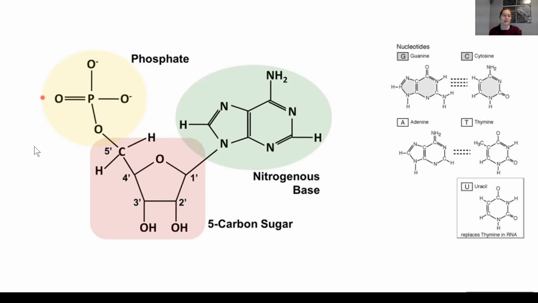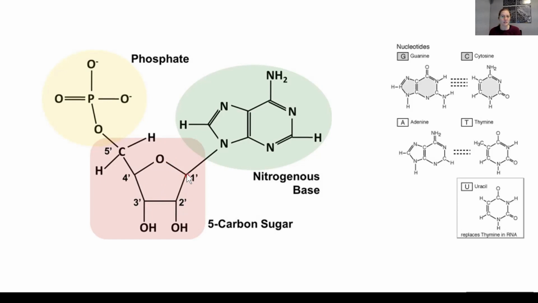Here, looking back at our large nucleotide on the left, I want to talk about the carbons in our 5-carbon sugar. So at the top of our pentose 5-carbon sugar, we have an oxygen molecule. And then if you go clockwise around this shape, we're going to count off the carbons. So clockwise, the first one is 1.